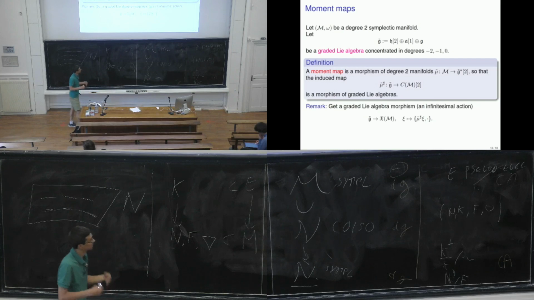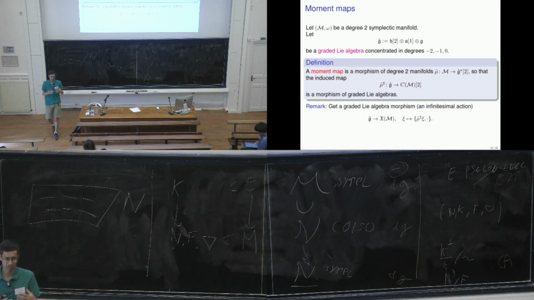The most important part of the data is the pullback of functions, a map from G tilde to the functions on M with some degree shift. I want that to preserve brackets. On G tilde, a graded Lie algebra, I have a bracket, and on the functions on M, I have the Poisson bracket.